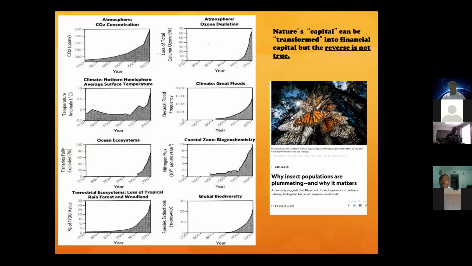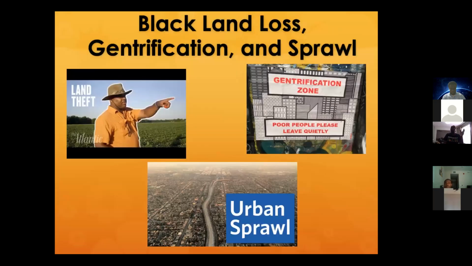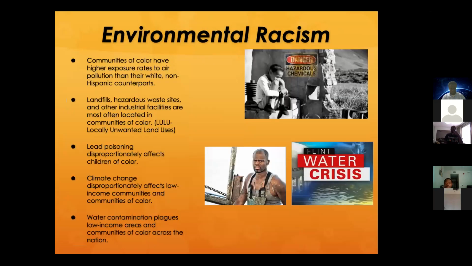We reflect on these issues. The first half of the class is actually dedicated towards kind of an environmental history, and then we kind of bleed into contemporary issues like Black land loss, gentrification, and sprawl, right? Which are really important because we're posing the question, how did the ecological revolution impact African descended communities?